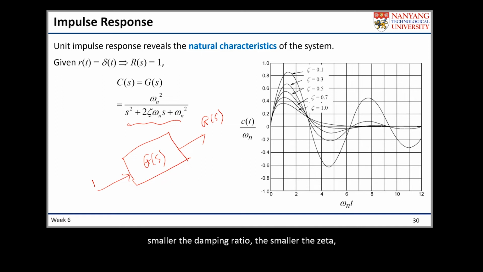The smaller the damping ratio, the smaller the zeta, the more oscillation in your response. Right? The steady state value of this unit impulse response will be equal to 0. So that is typically the behavior of an underdamped second order system with a unit impulse input.